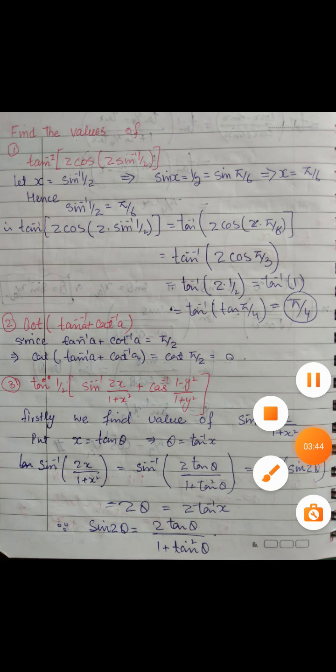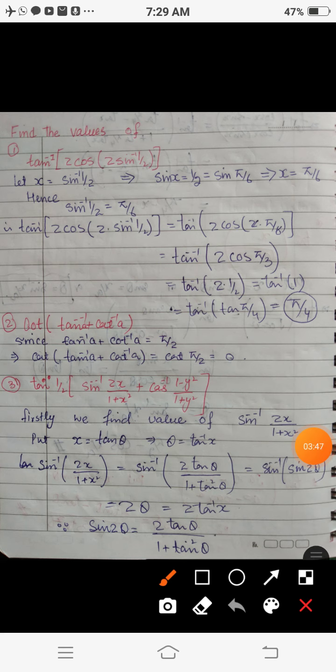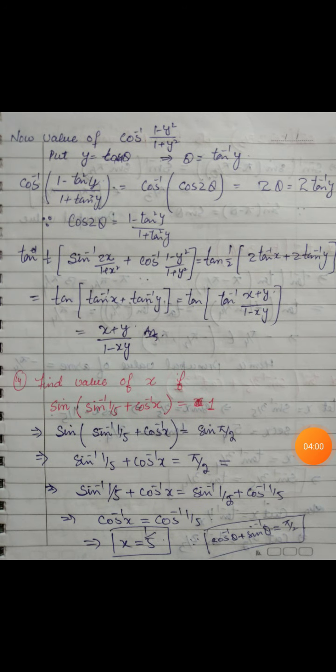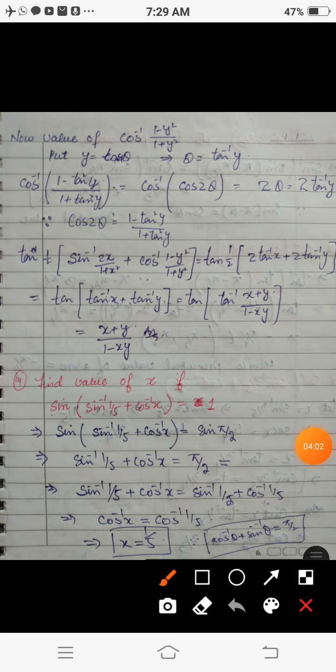So the value of sine inverse 2x upon 1 plus x square is simply 2 tan inverse x. Similarly, in this cos inverse of 1 minus y square upon 1 plus y square, if we put y equals tan theta, theta is tan inverse y.